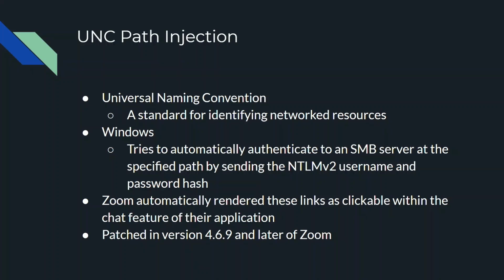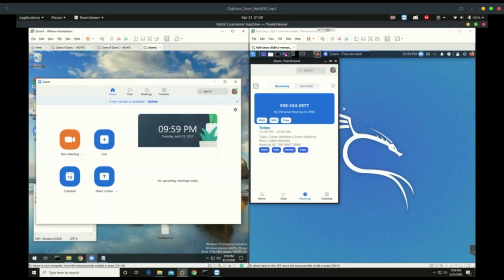So usually if a link is rendered as clickable, most people don't think twice about clicking on it. And this is actually a very recent thing that Zoom has patched. They patched it as of April 2nd, 2020, I think is what the actual date was. So it's pretty new.